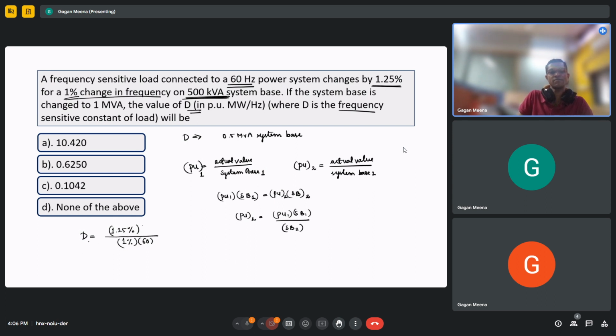So this is the per unit value of D on system base 1.